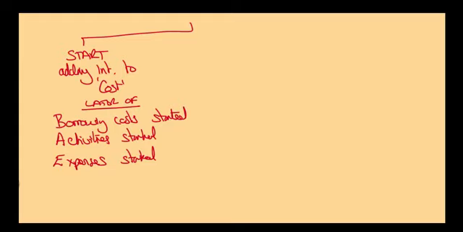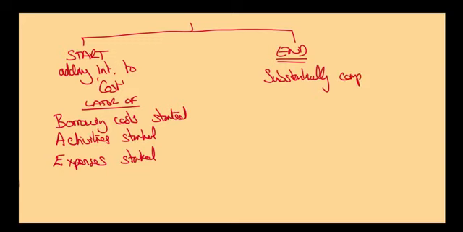Okay, next question then, if that's when I start, the next question is, when do I end? And you end when it is not complete, but substantially complete. Okay, so as soon as it's virtually finished, then you stop adding the interest to the cost.